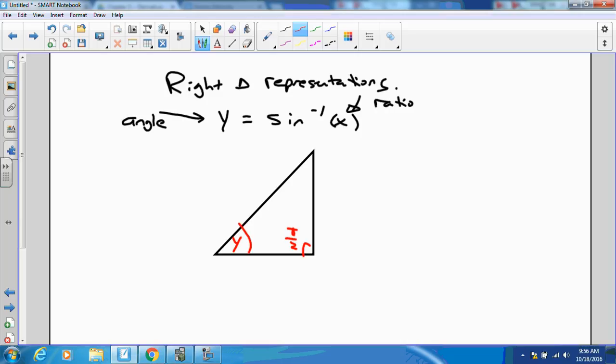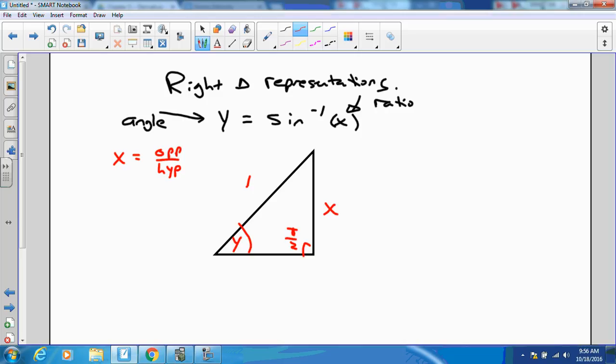And here, I have the angle y such that the sine of y is opposite over hypotenuse. And the easiest way to do that is to make the opposite be x and the hypotenuse be 1. This right triangle right here represents the equation y equals inverse sine x.